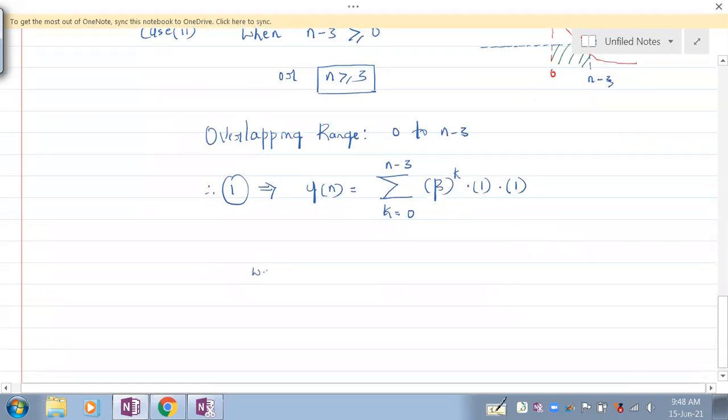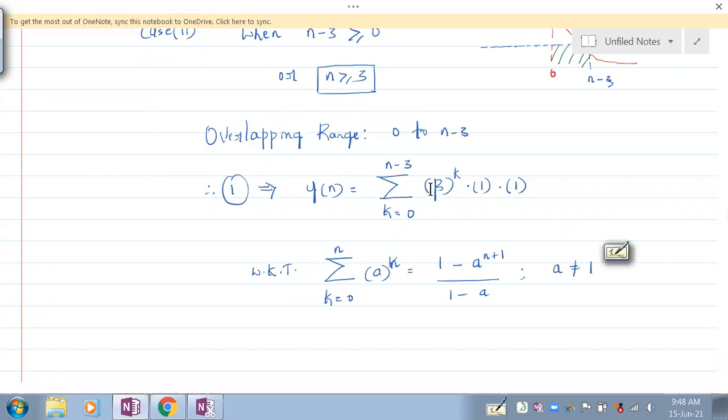Just write this down. We know that summation k ranging from 0 to n of a power k is equal to 1 minus a power n plus 1 divided by 1 minus a, when a is not equal to 1. So beta is less than 1, they have told.